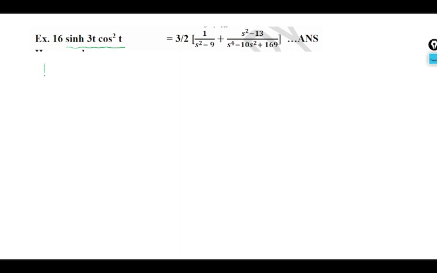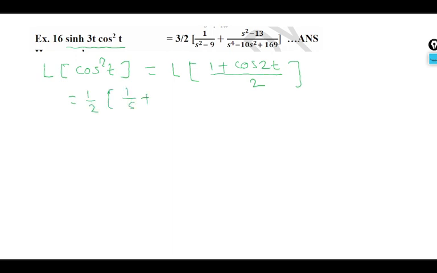Laplace of cos square t is Laplace of (1 plus cos 2t) upon 2. So we get this as 1 by 2, 1 by s plus s upon s square plus 4. This one is our F of s.